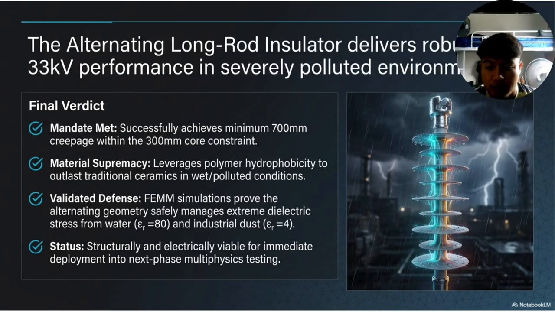Among all conditions, water contamination produced the highest electrical stress and represents the most critical operating condition. Overall, the proposed design has strong potential for improving the reliability of overhead transmission systems in polluted environments.